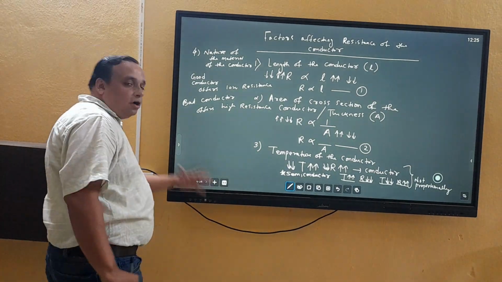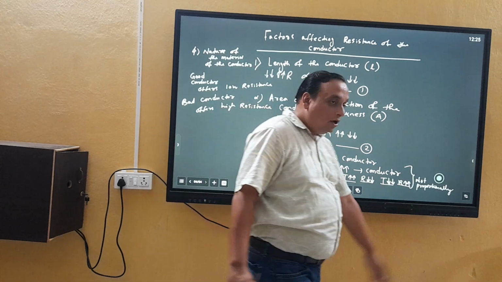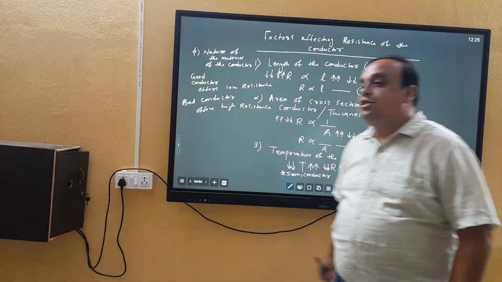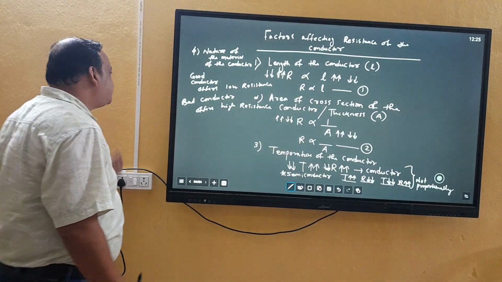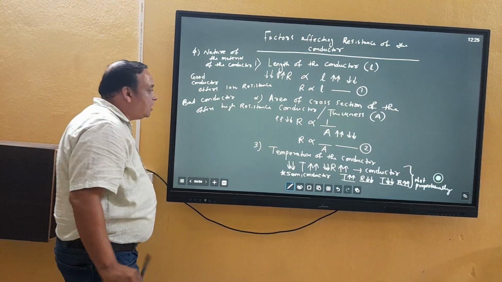Okay. If the conductor is a good conductor, the resistance is low. If the conductor is a bad conductor, the resistance is high.